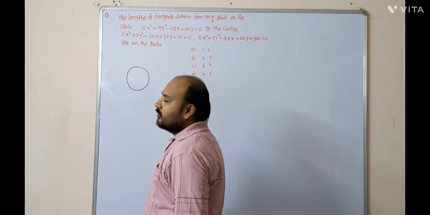From this point, the lengths of tangents are taken to the other two circles, and they are asking for the ratio. PT1 is the length of the first tangent from this point, which we don't know. From here to here, and from here to here, that ratio they are asking.